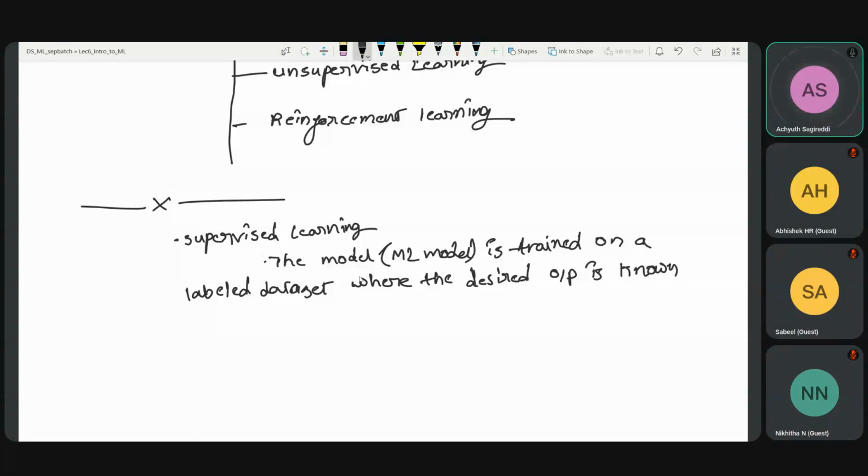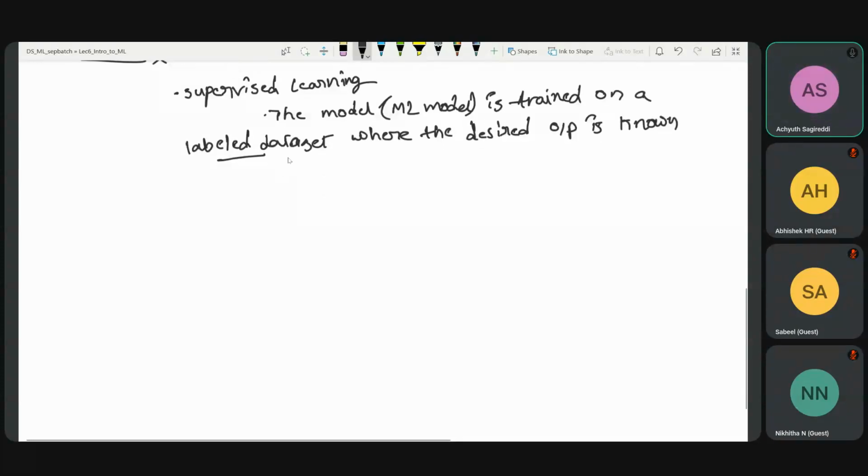So what is meant by labeled data? In labeled data, the data set comes with both input and output. Let's say, for example, X is the input, Y is the output.